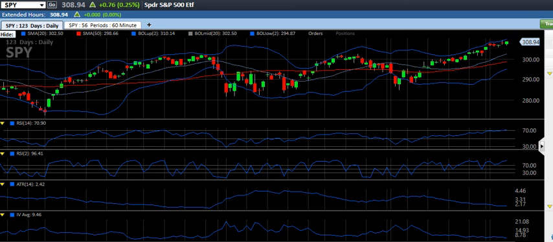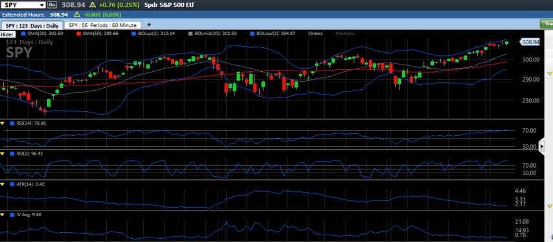You can see there too at the bottom the IV average of 9.46. That tends to range for an index like the S&P 500. Over the last 123 trading days, it's ranged from about 8 to 21.